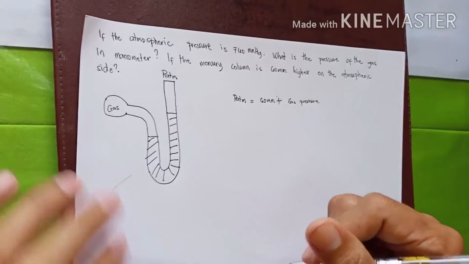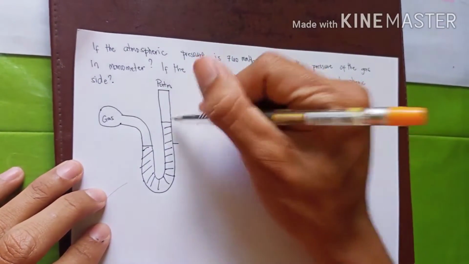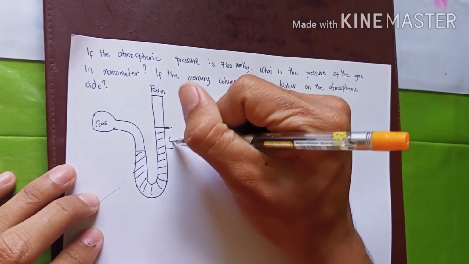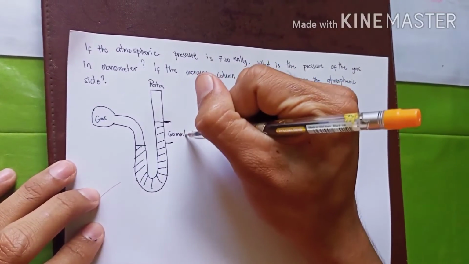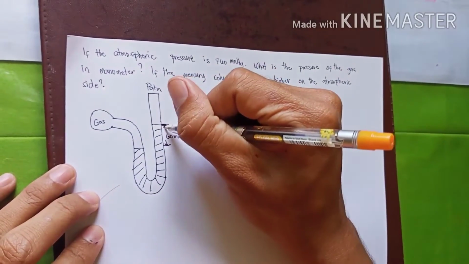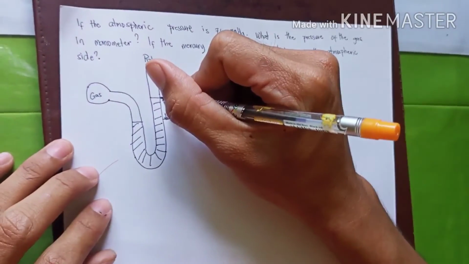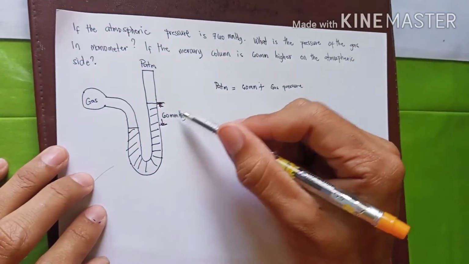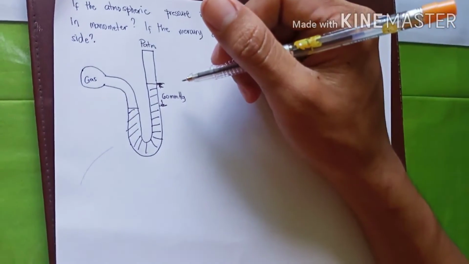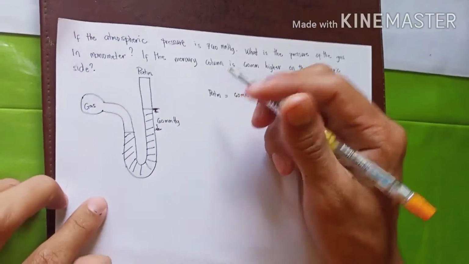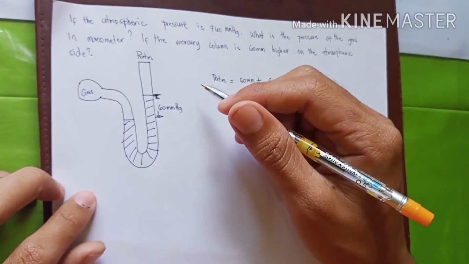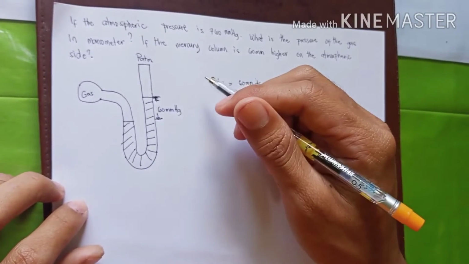I'm going to put this 60 millimeter of mercury. So the 60 millimeter of mercury is the height difference between the atmospheric pressure and the gas pressure. So what is the pressure of the gas in the manometer based on this picture?